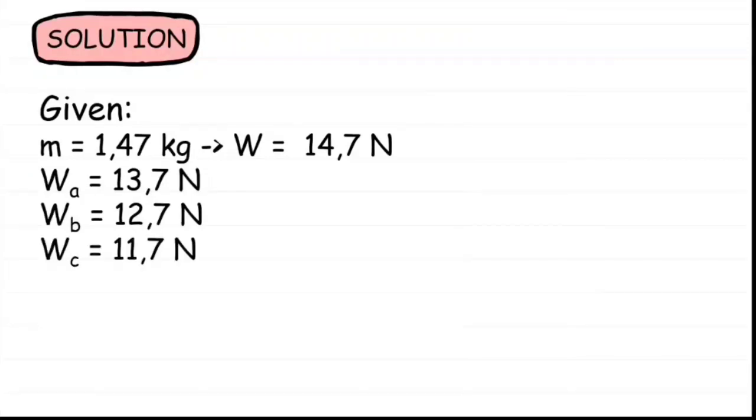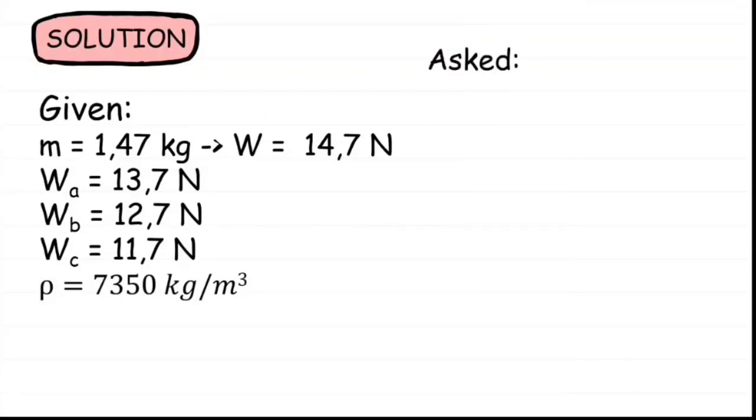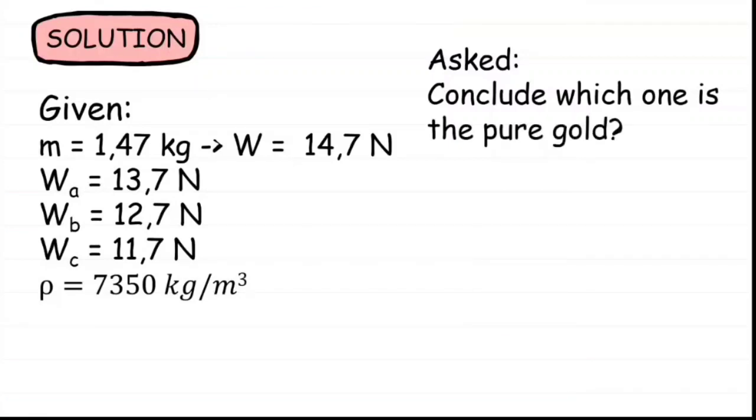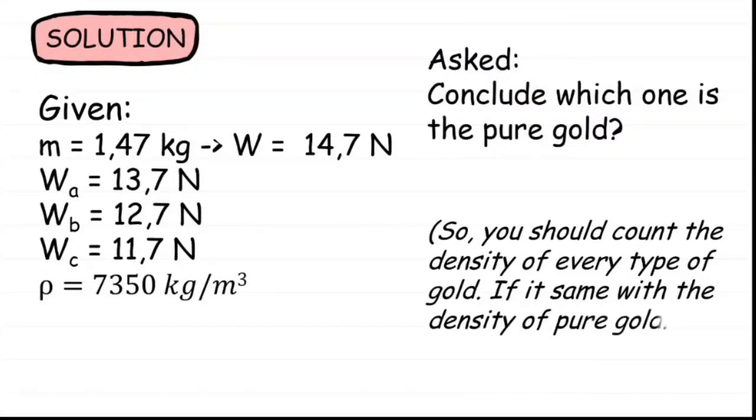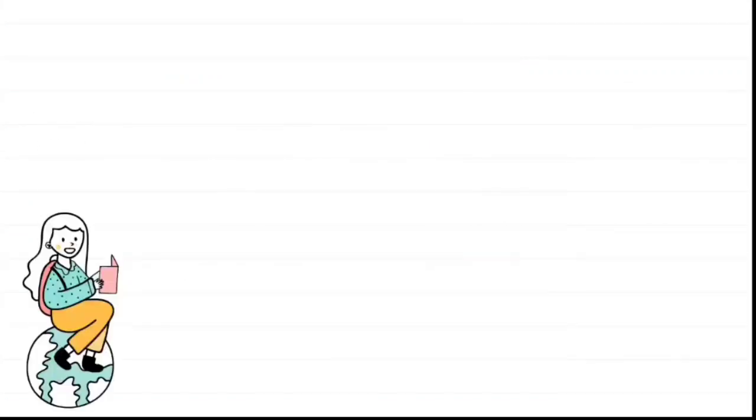The weight of gold C is 11.7 Newton. And the density is 7,350 kg per meter cubic. And the asked: conclude which one is the pure gold. So you should count the density of every type of gold. If it's the same as the density of pure gold, that is the answer.